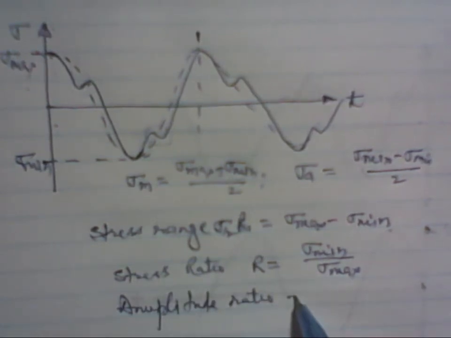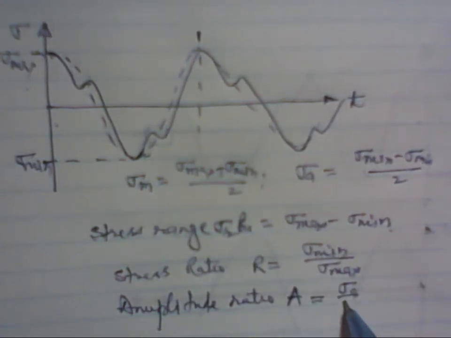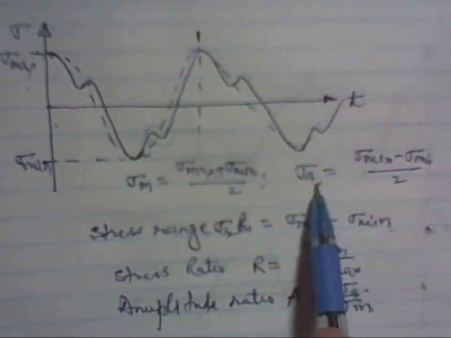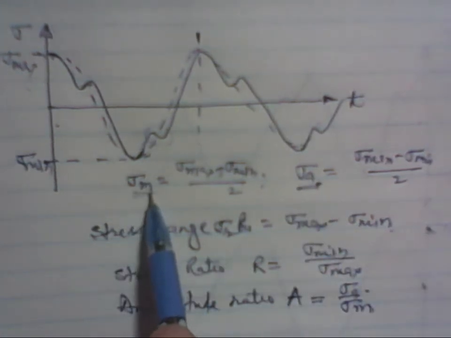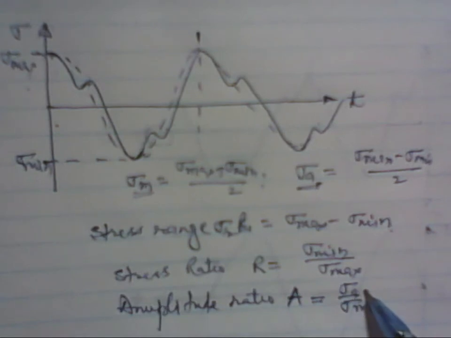And amplitude ratio is represented by A, given by sigma A over sigma M. Again, sigma A is known as stress amplitude, sigma M is known as mean stress, and the ratio of stress amplitude to mean stress is the amplitude ratio.